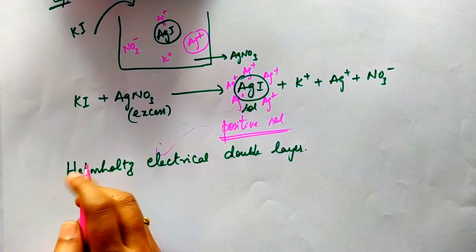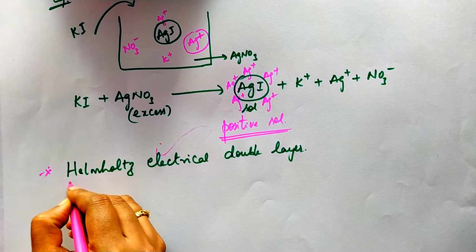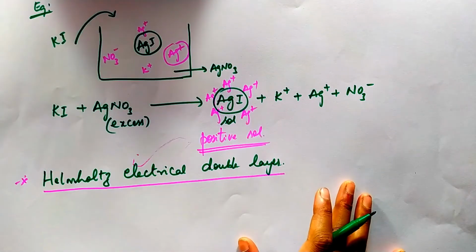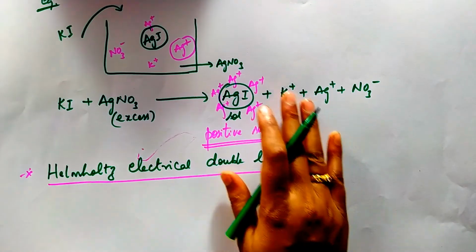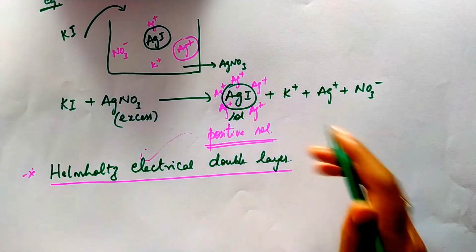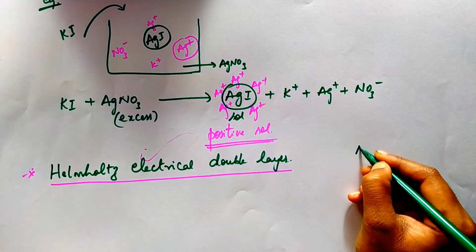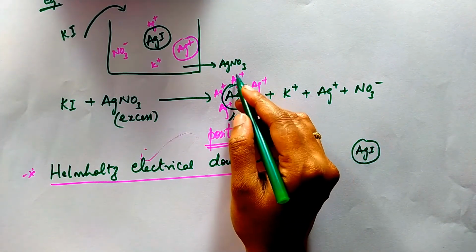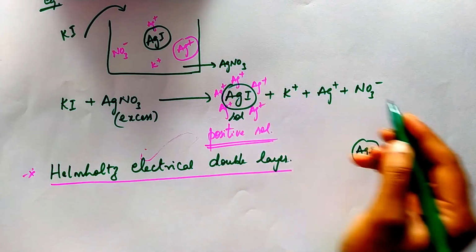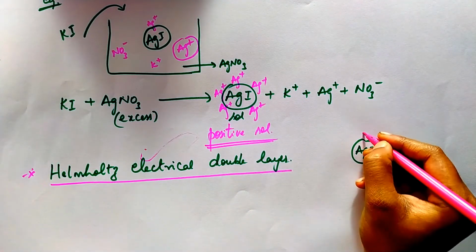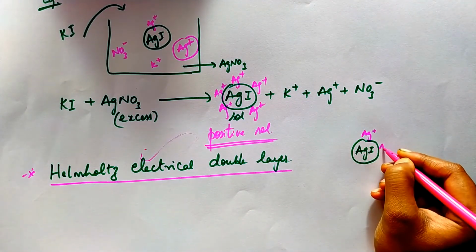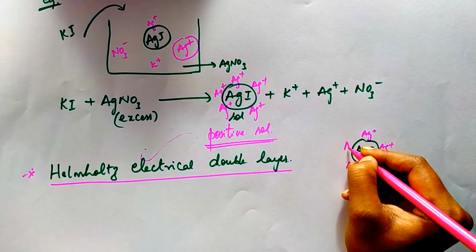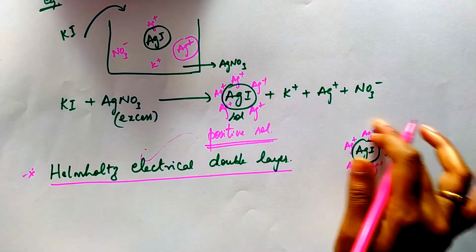This is the next concept, Helmholtz electrical double layer. I will show you here how the double layer is formed on the surface of the colloidal particles. Here I have taken AgI as a sol, and the solution contains Ag plus; that common ion is adsorbed on the surface of this sol. So Ag plus, Ag plus.